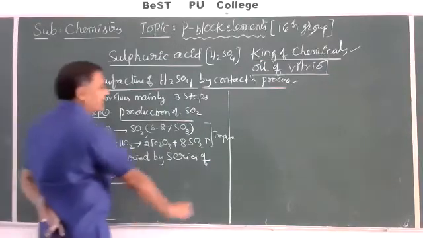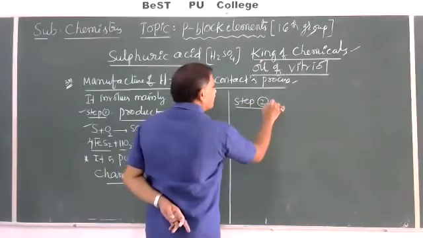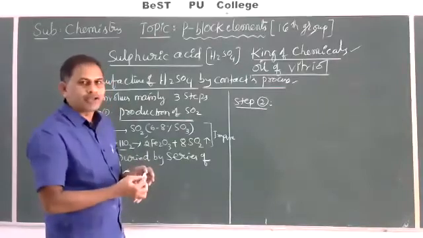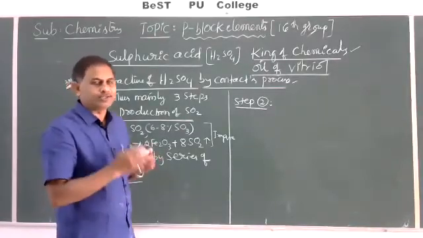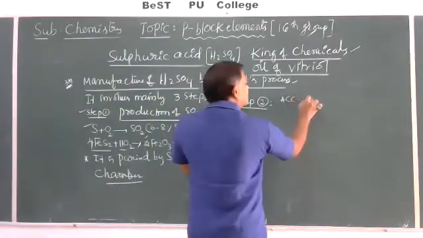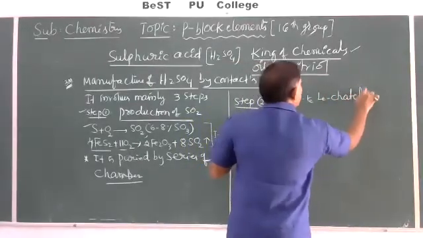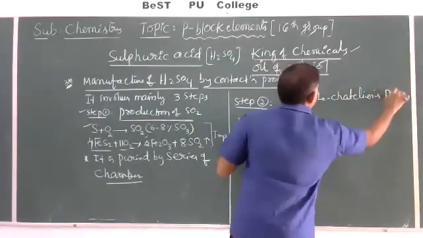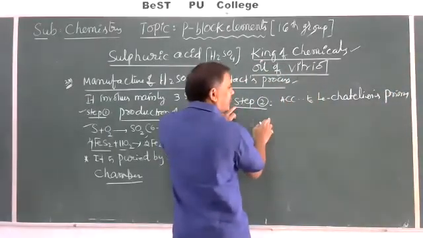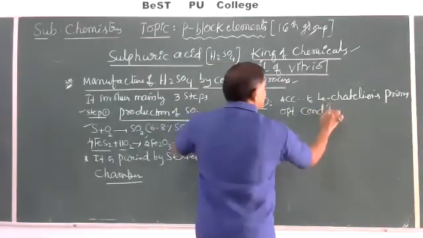So in the second step, after purification of sulfur dioxide, according to Le Chatelier's principle, to get a good yield of sulfur trioxide and sulfuric acid, some optimum conditions are required.